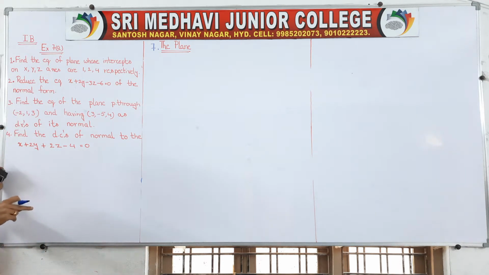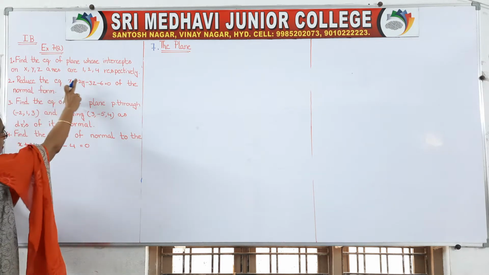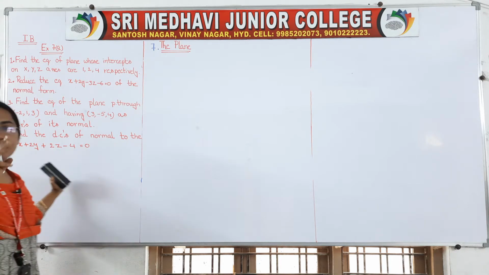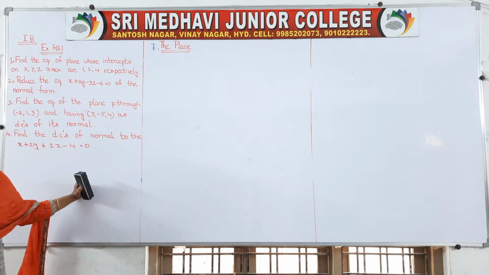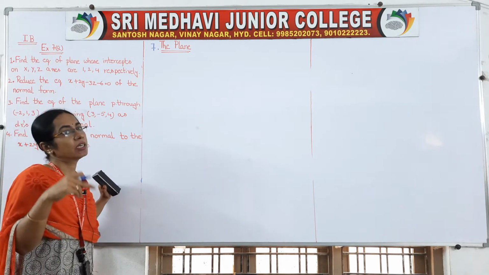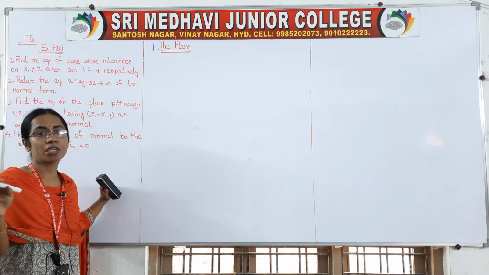So come on, first question: find the equation of the plane whose intercepts on x, y, z axis are 1, 2, 4 respectively. Actually we did two intercept problems in the previous class. In the first question, they asked to reduce the equation into intercept form.